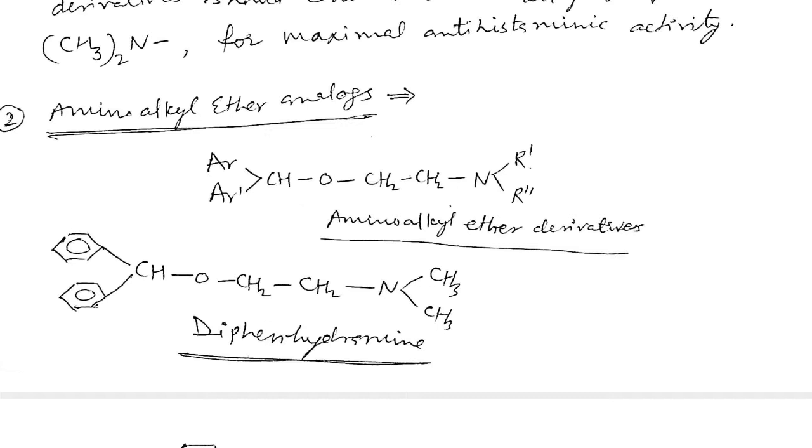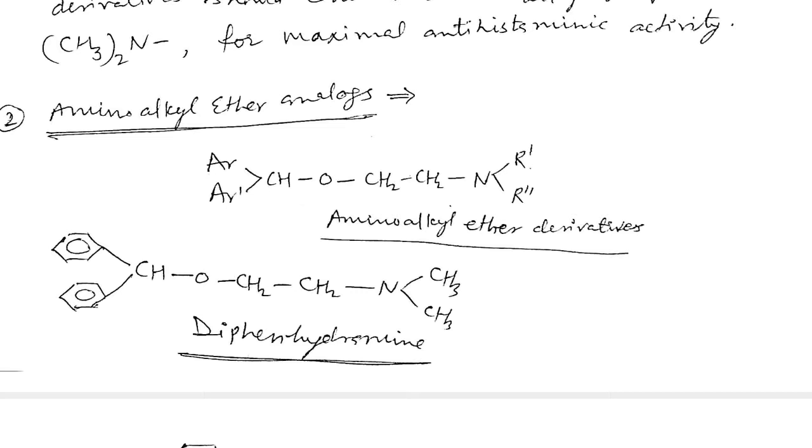An example is diphenhydramine. It contains the general formula: a monoethyl amino group with two methyl groups substituted on the amino group, and an ether group with a CH that is attached to two phenyl groups. So diphenhydramine has an ethyl amino group and an ether group.